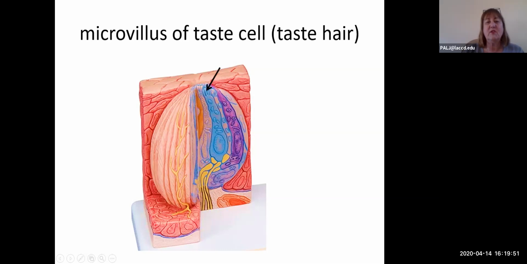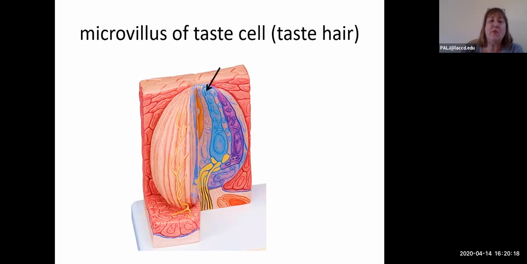And the apical surface of the cell has microvilli, which are sometimes called taste hairs. Okay, but every taste cell has a whole bunch of microvilli. The other 2 types of cells don't have the microvilli. And so what does a microvillus do? It increases surface area, which then has more places for receptors, sensory receptors for taste. So that kind of explains why it has a microvillus.